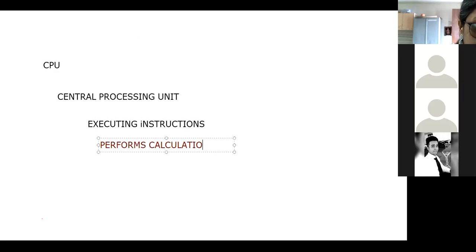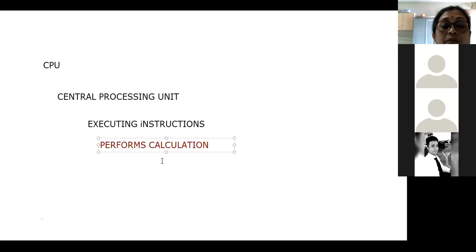Executing instructions is a very important task, and this important task is done by your Central Processing Unit. Along with this, what does it do? Yes, can you tell me what it can do along with this? It performs calculation.